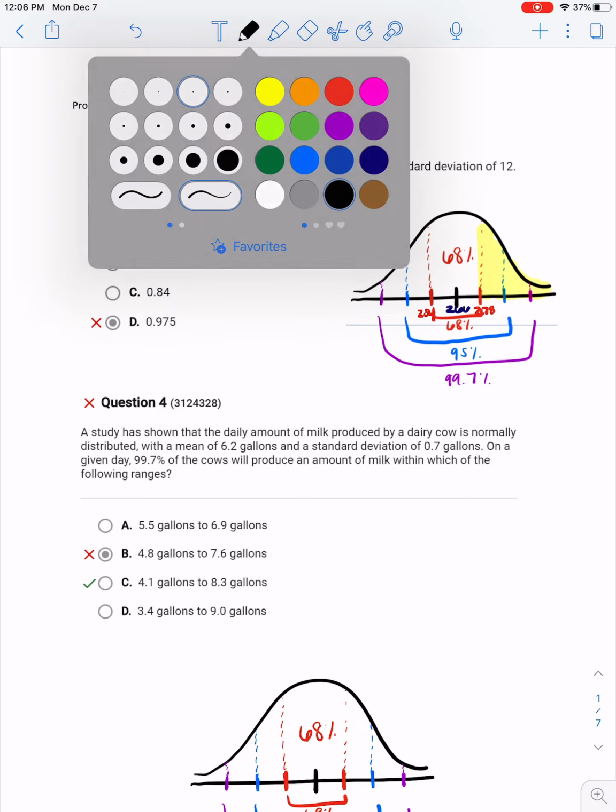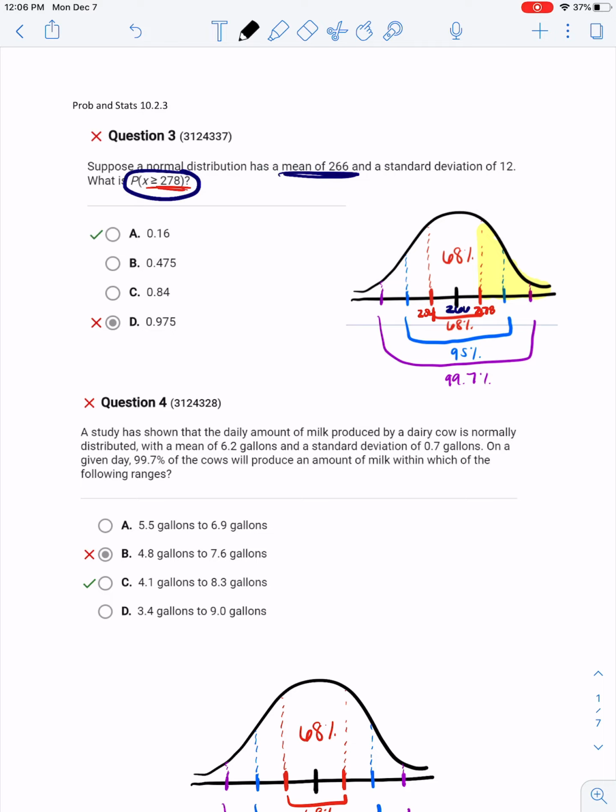So what we have to do for this one is actually a little bit difficult. We know that 68% of the data is that middle section, okay? So if I do 100 minus 68, it's going to give me all the rest. So think 100% minus the 68% that's in the middle. So 100 minus 68 is 32%, okay?